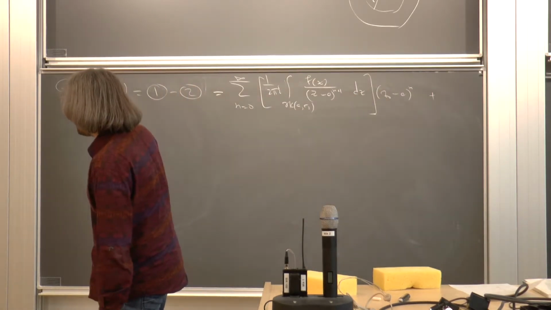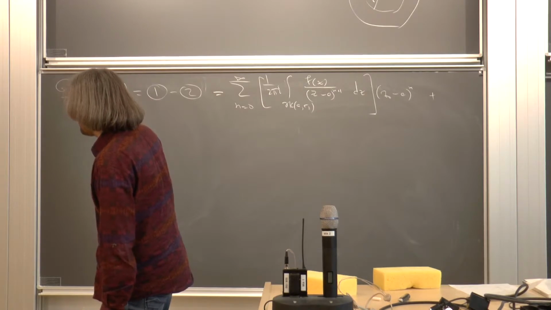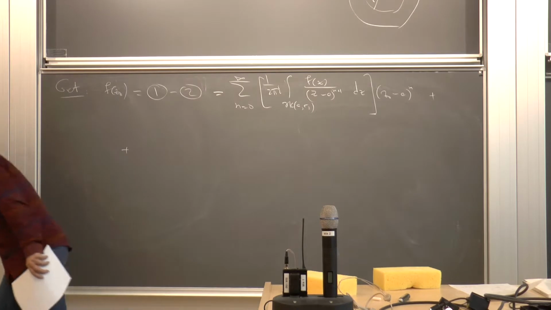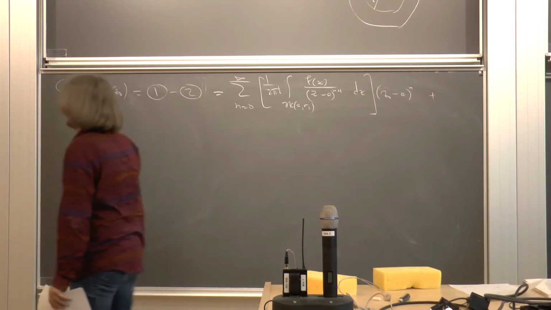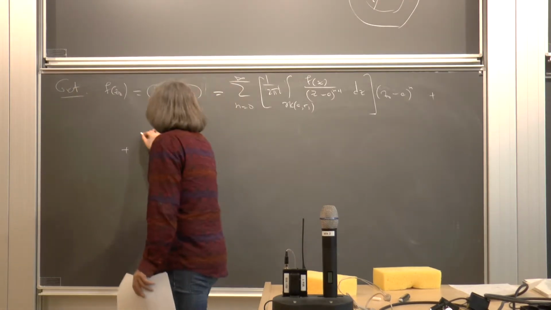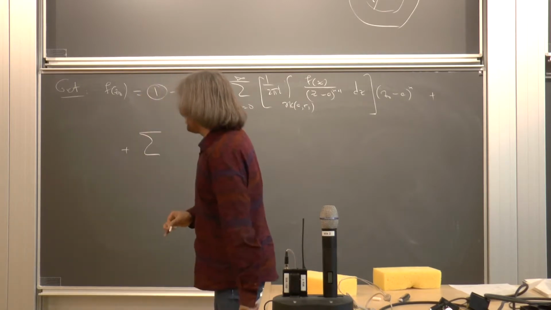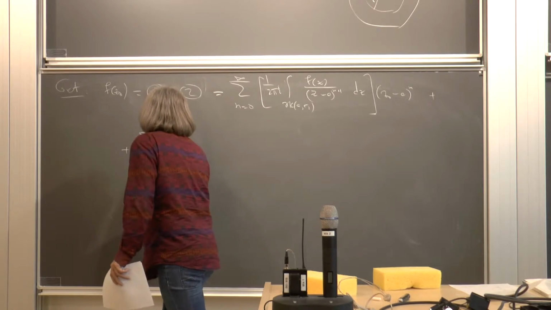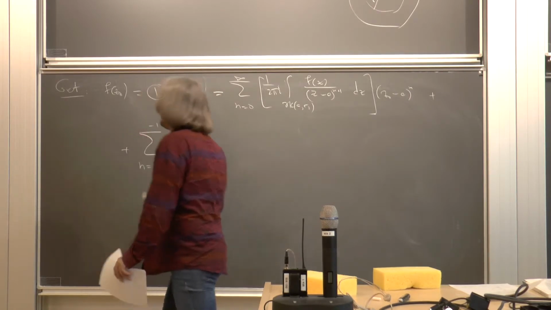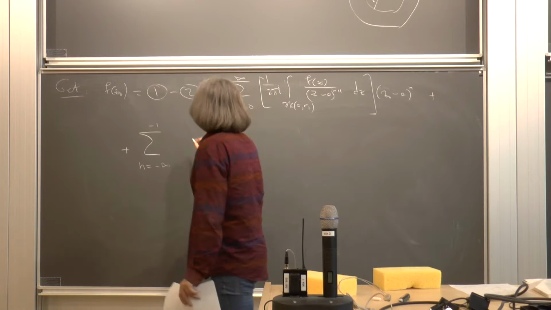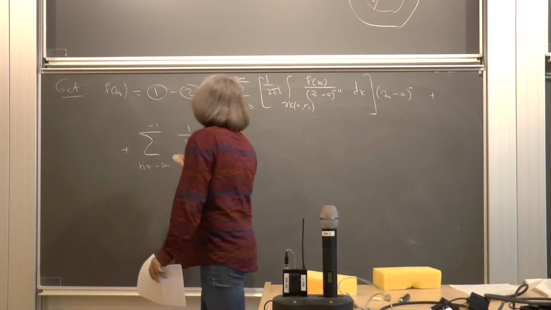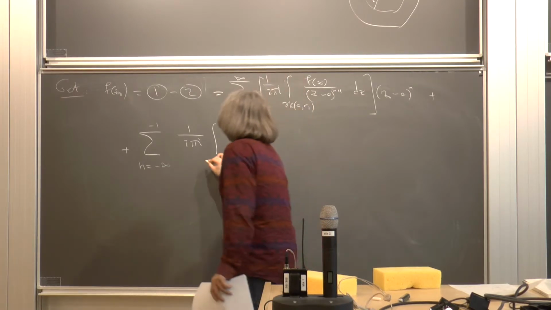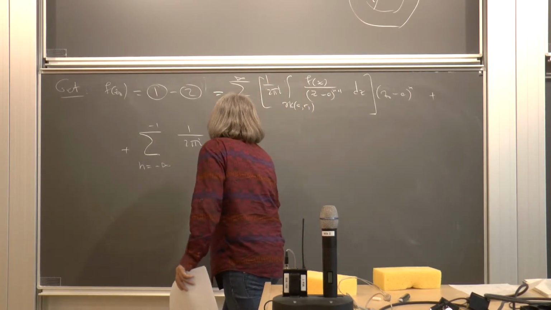And here I'd like to change the summation so that this would be my parameter. Then it will become sum from n equals minus infinity to minus 1 and then 1 over 2 pi i, integral over the circle of radius r1.